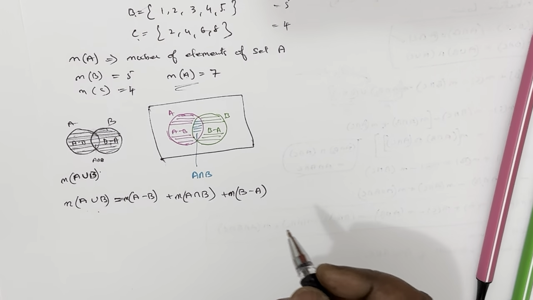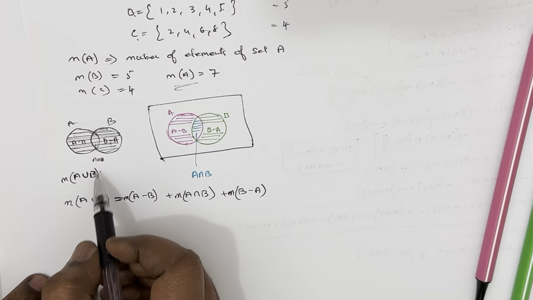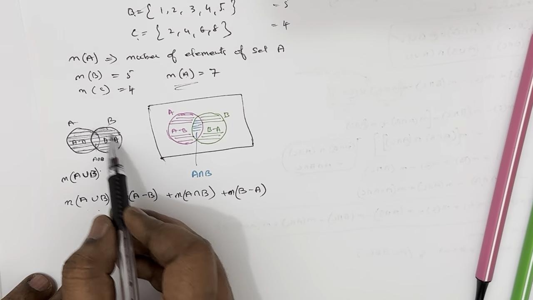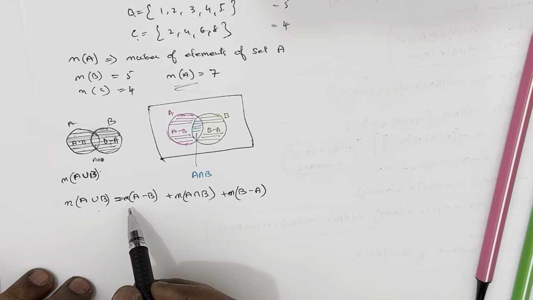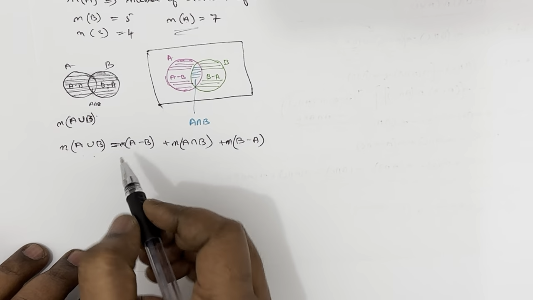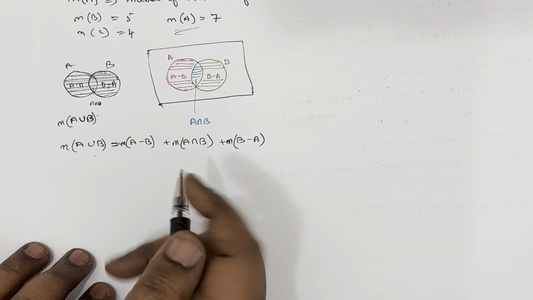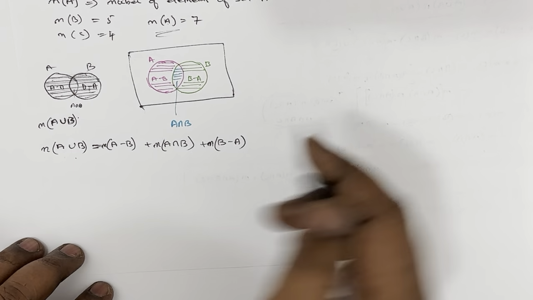Okay, so this is the formula which is used to calculate the total number of elements of A union B. Now we will derive this and change this formula to an easier or simpler version.